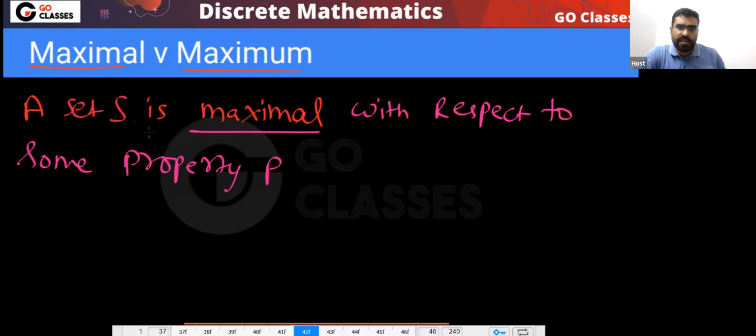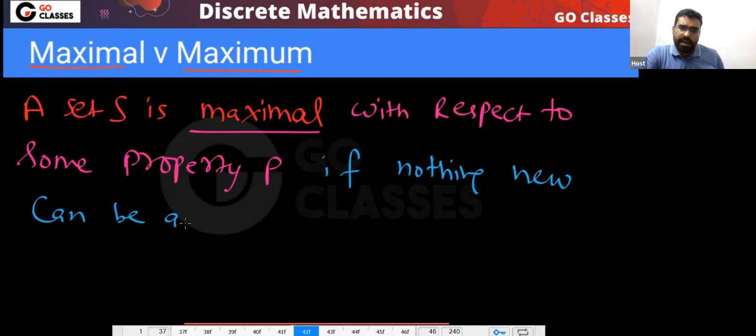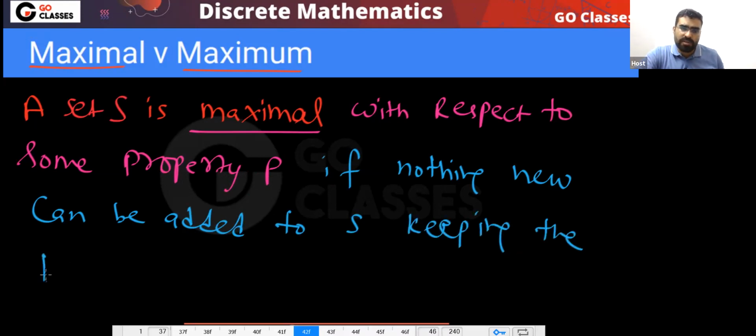A set S is maximal with respect to some property P if nothing new can be added to S, keeping the property P preserved.